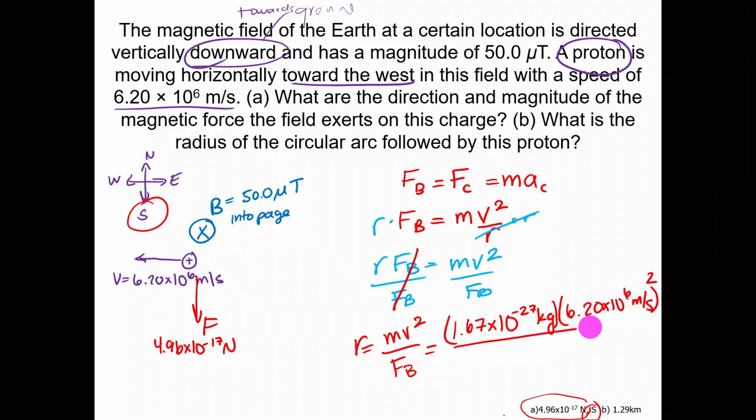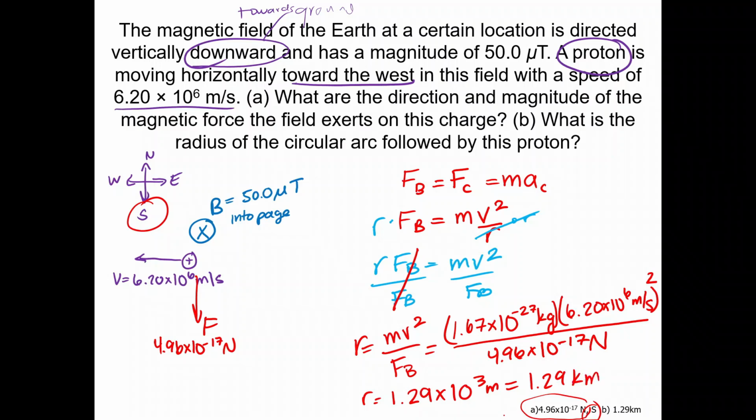Don't forget that square. And then our magnetic force was 4.96 times 10 to the negative 17th newtons. That should give us an r that rounds to about 1.29 times 10 to the third meters, which is 1.29 kilometers.